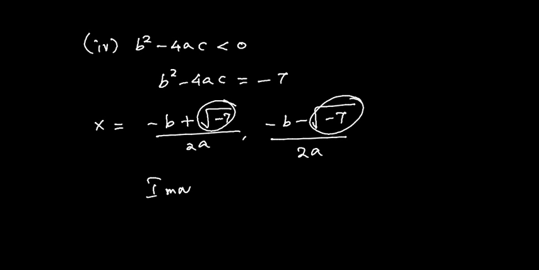The only thing we can say for this one, imaginary and unequal. So I hope now the students will be able to understand clearly how the two roots of a quadratic equation are going to be real or imaginary or rational or irrational.